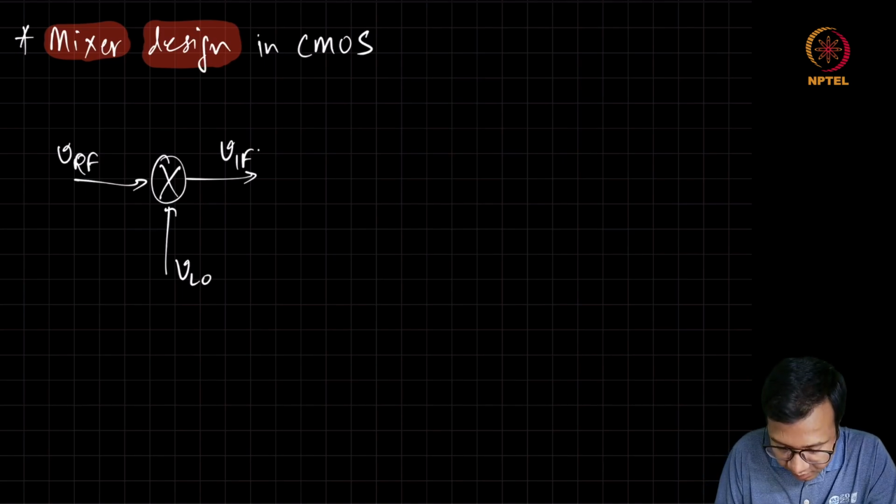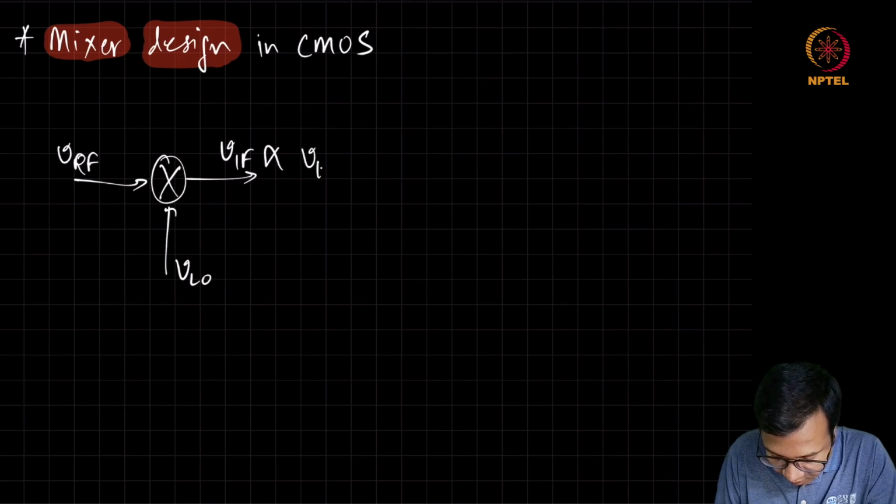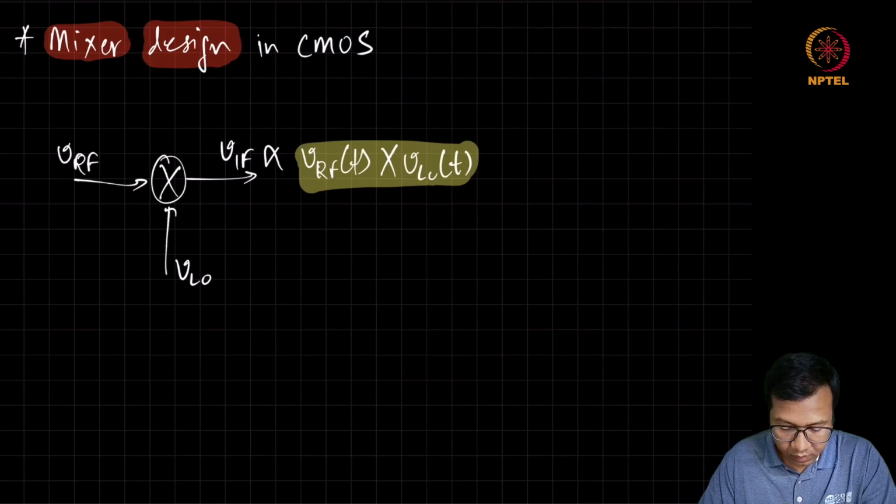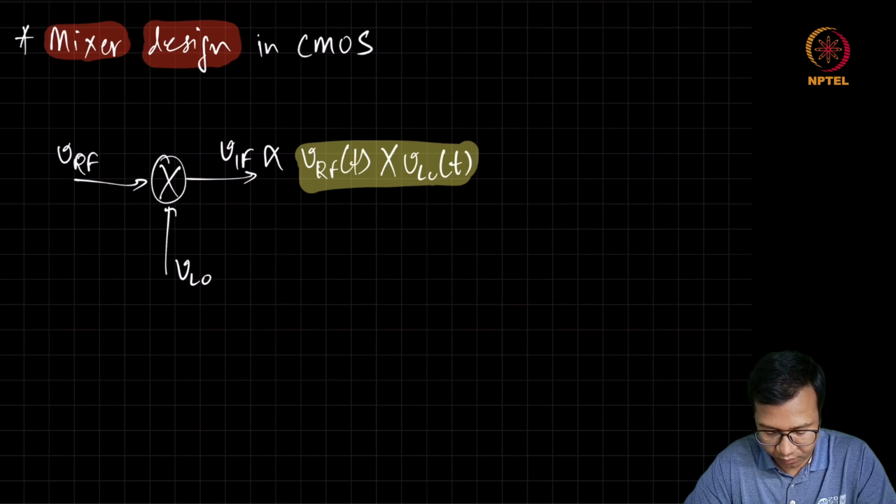So we are interested in a multiplication functionality from this block, which can do the multiplication in time domain. Let's say we are given these two voltages and we want to multiply two voltage quantities.